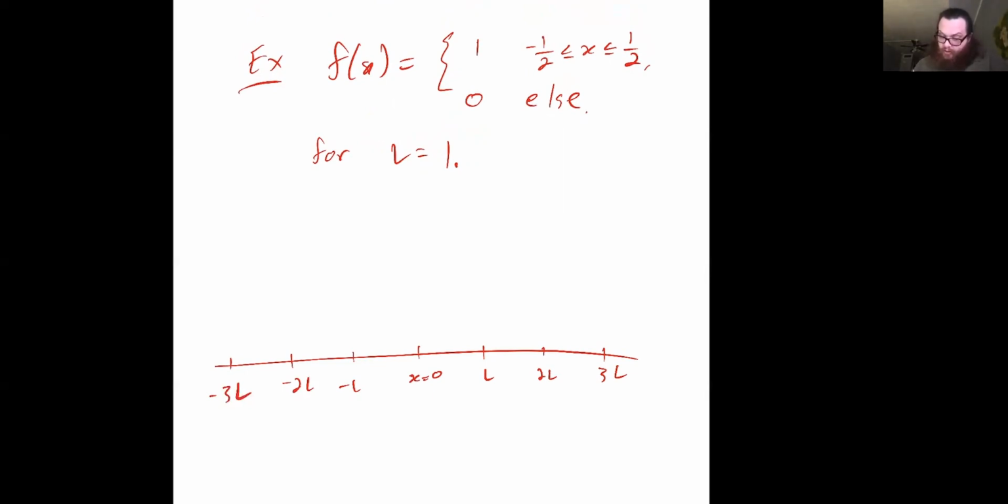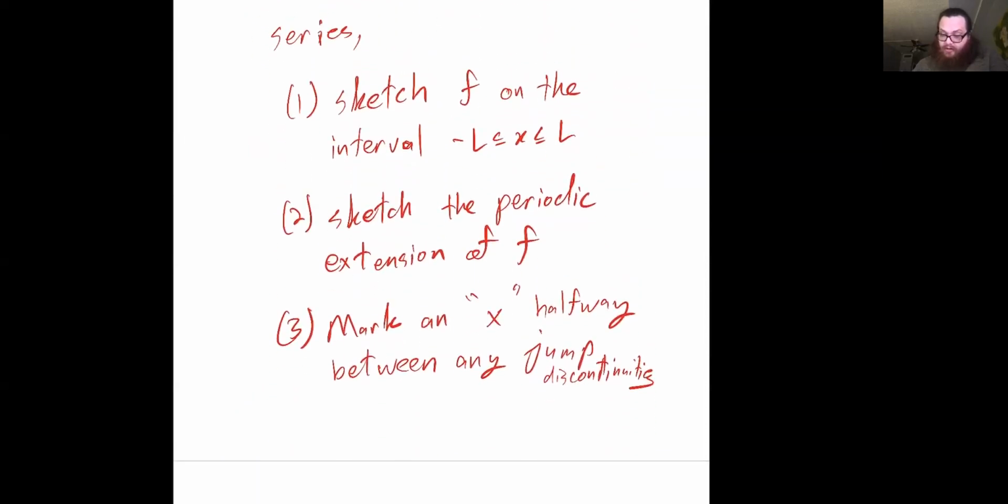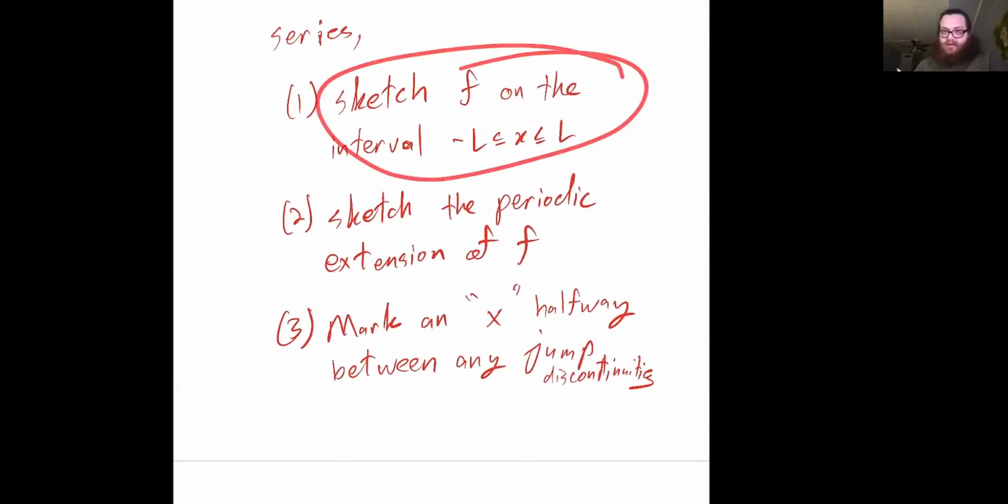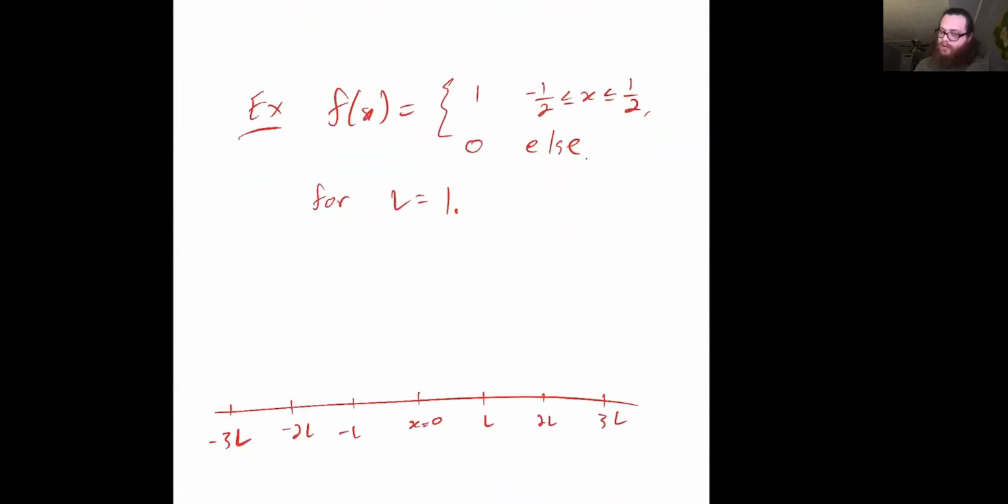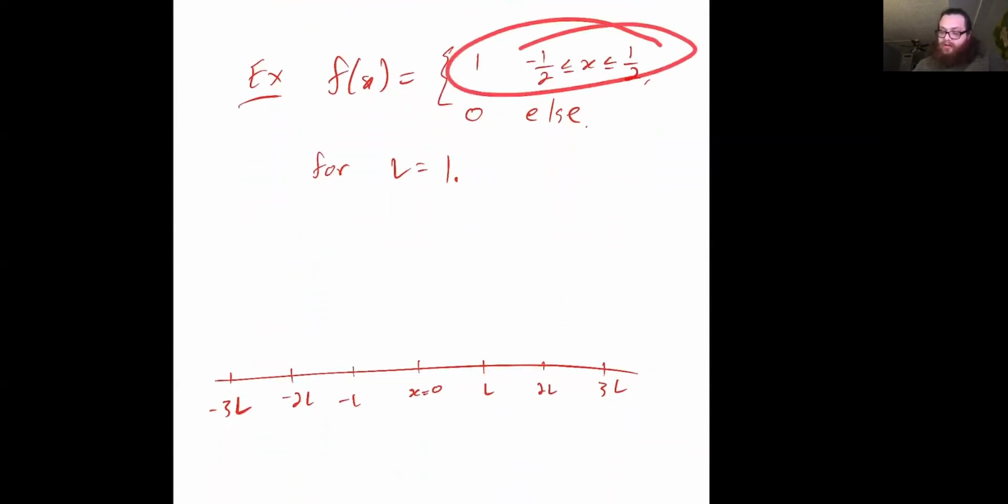Okay. So we want to sketch the Fourier series. First bit, sketch f on the interval. What is f? Well, it's 1 between -1/2 and 1/2. So let me clarify this. L is equal to 1, so these should all be -3, -2, -1, 1, 2, 3.